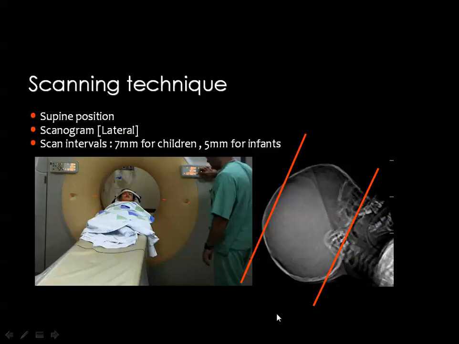I will show it to you. Then you know the anatomy as well as the pathology if you tried to adjust this line at the orbitomeatal line. If not, we usually scan the skull from the base to the vertex according to the alignment we are able to obtain.